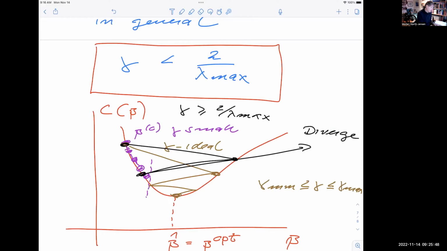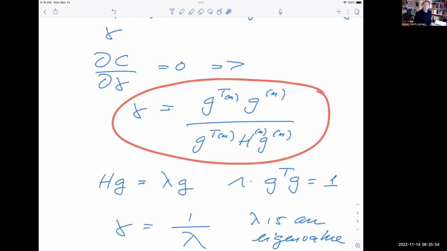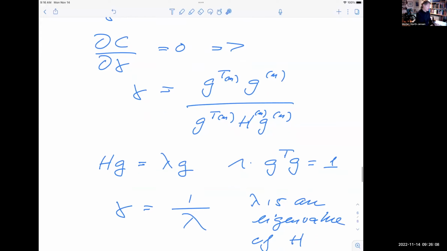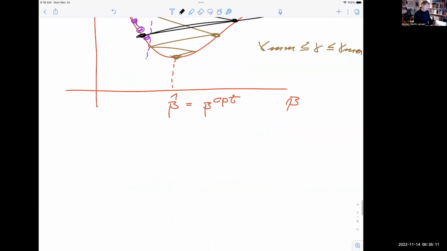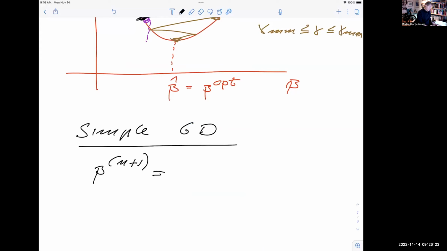I should also mention that this recipe which you see is actually the recipe for a method which is called the steepest descent. And the steepest descent is a simpler modification of the gradient descent. So the simple gradient descent, simple GD, the way we are going to implement that is to have an iterative process where we have beta of n plus 1, which is beta of n minus just a fixed gamma value, no changes to gamma.